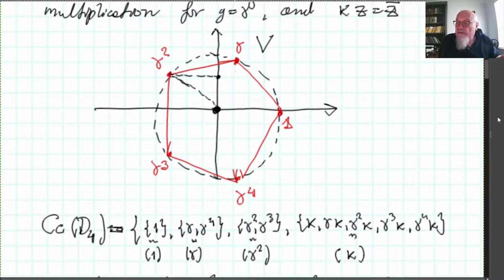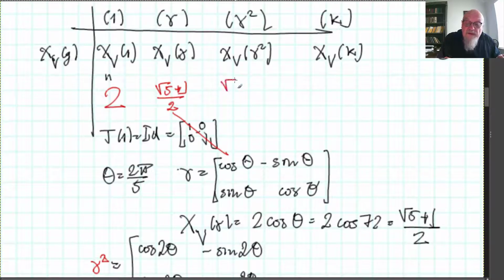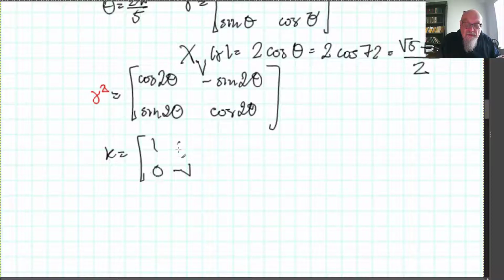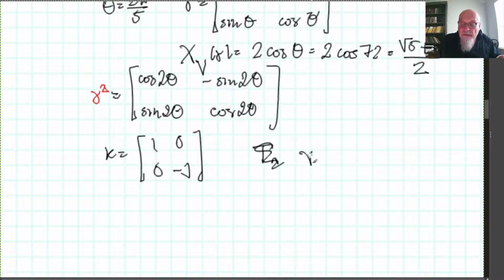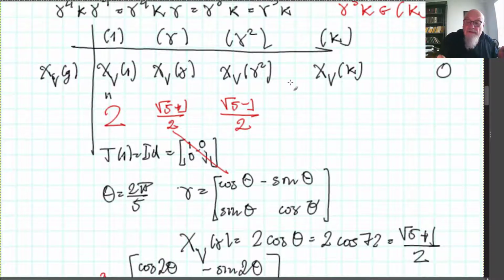I believe this is true. Similarly, we obtain that this one is square root of 5 minus 1 over 2. And finally, for the last one, if you take kappa, you see kappa is 1, minus 1, 0, 0. So the trace of this matrix, of kappa, is 0.